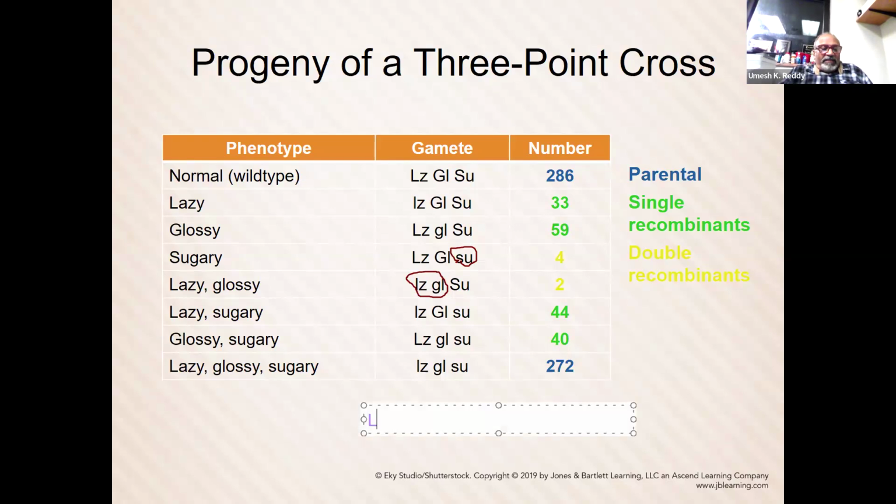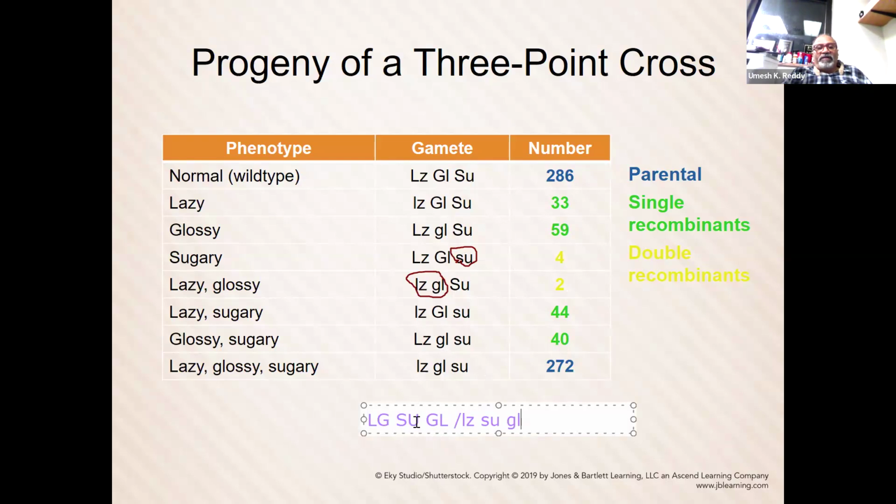If the order is lazy, sugary, and glassy, that is crossed with the recessive parent lazy, sugary, and glassy. So the recombination might have happened between, this sugary went up here.